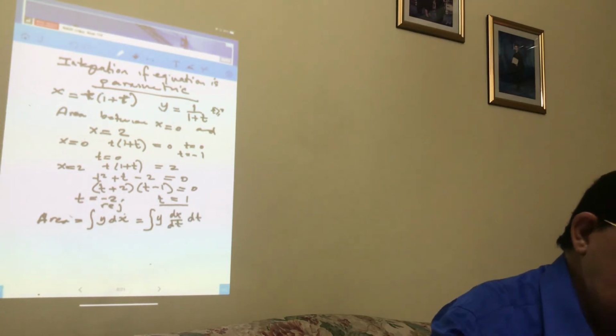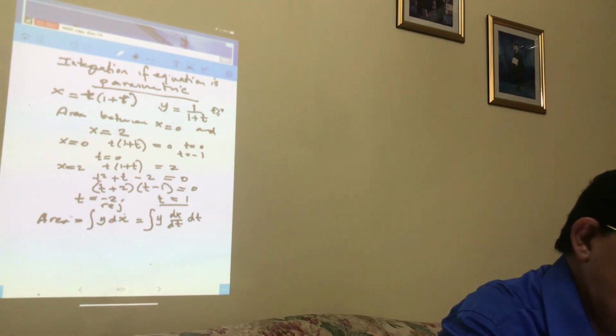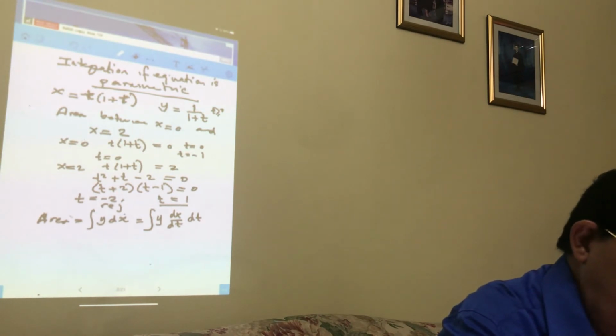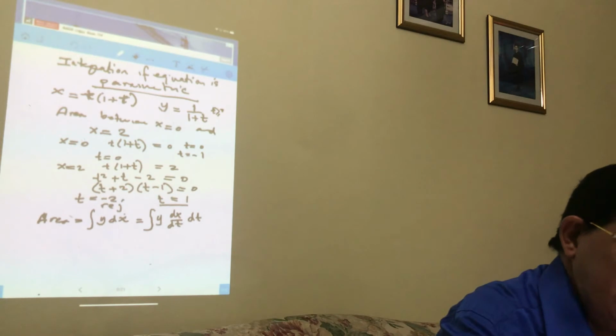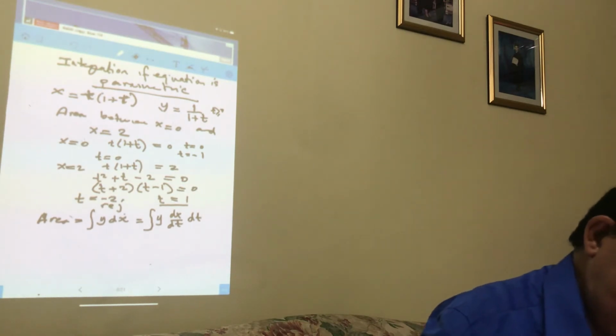This is what you do every time you have a parametric equation, in area and in volume. Rather than y dx, you write dx equals dx over dt dt. And in the volume, y squared dx, again dx equals dx by dt dt.